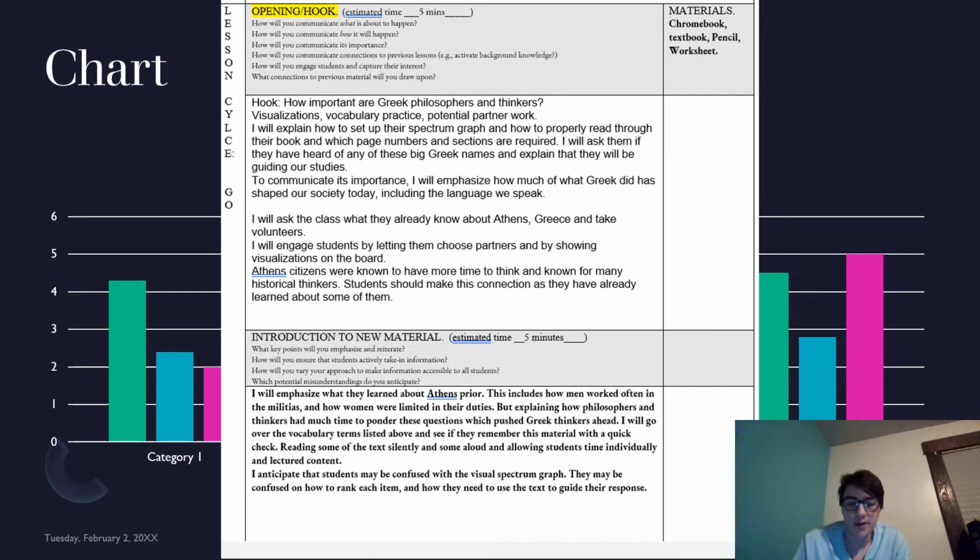And then really the only change from these two lines for introduction or hook for the introduction to the new material, I anticipated some confusion over the spectrum graph, and I did explain it, but giving that solid example of here's where I would rank them as a hypothetical and here's why really would help them, and that only takes maybe a few minutes extra of your time.